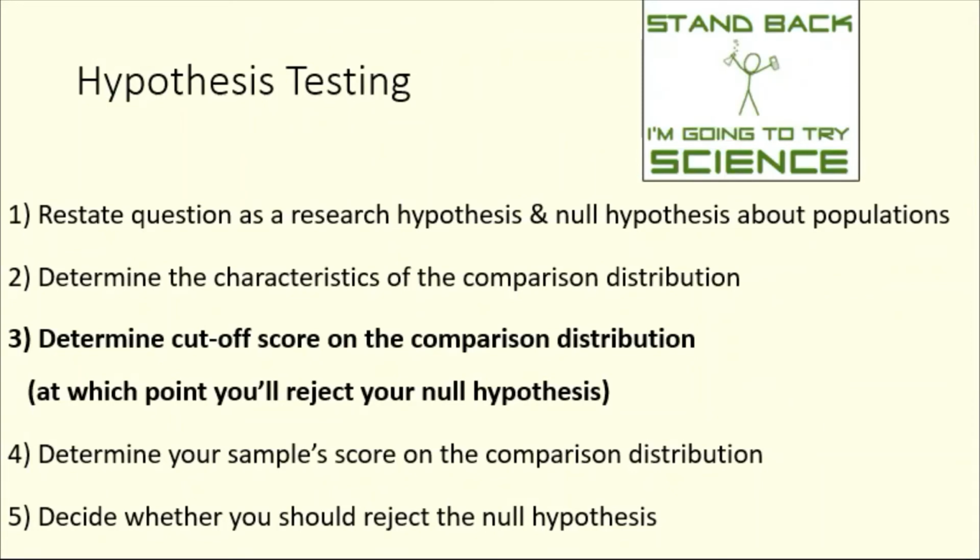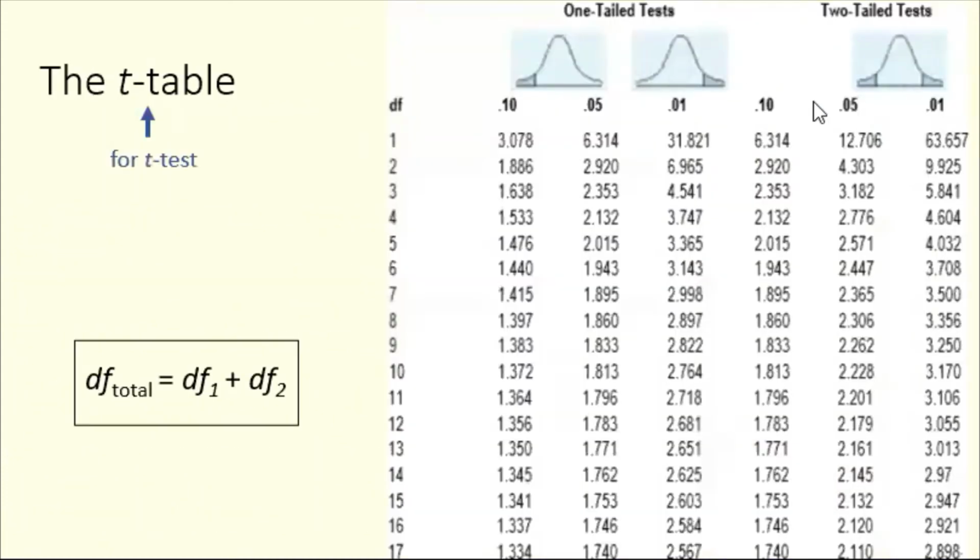And so we move on to step 3 here. For step 3, we want to go back and remember whether we had a directional or a non-directional hypothesis. We know we're going to be using the t-table, and so we have to determine which kind of test that we're going to have here. And so in our case, we're looking to see if this reduces smoking, and so that's going to be a one-tailed test.